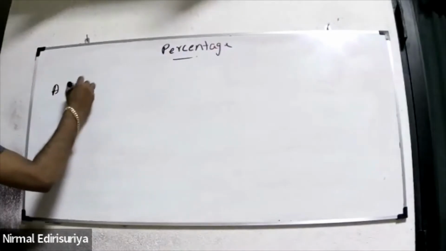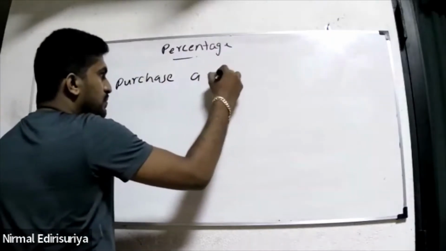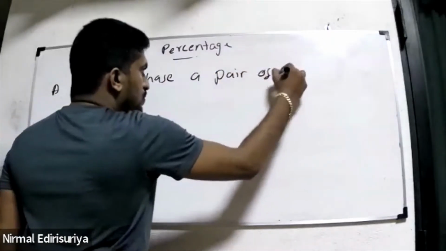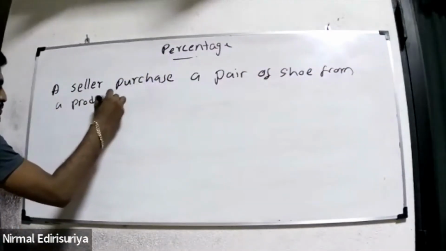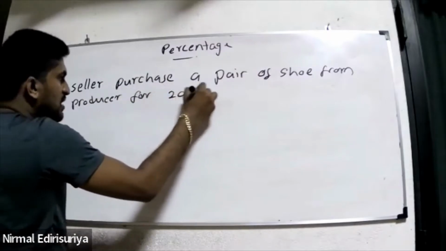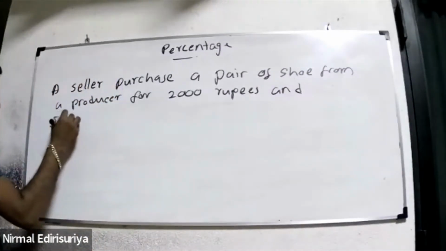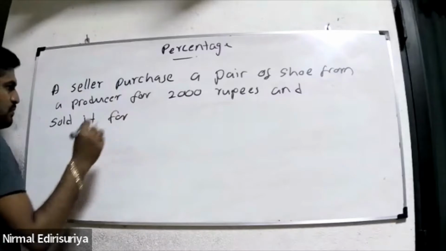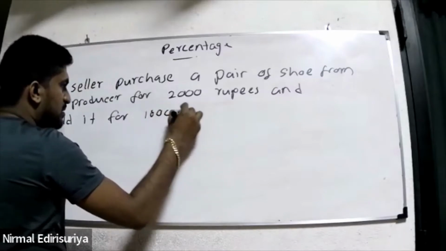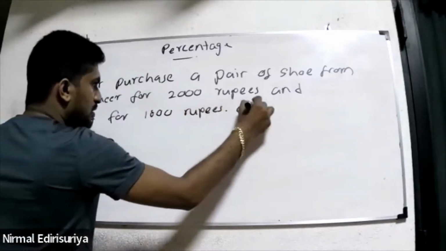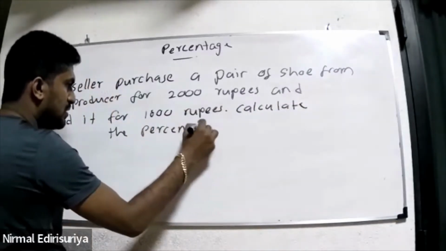A seller purchased a pair of shoes from a producer for 2,000 rupees and sold it for 1,800 rupees. Calculate the percentage of loss.